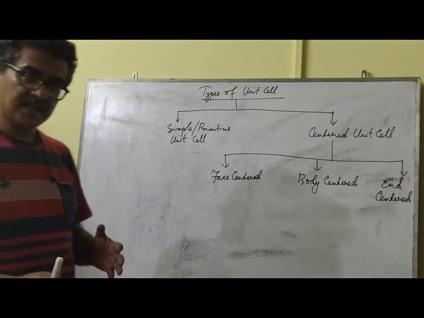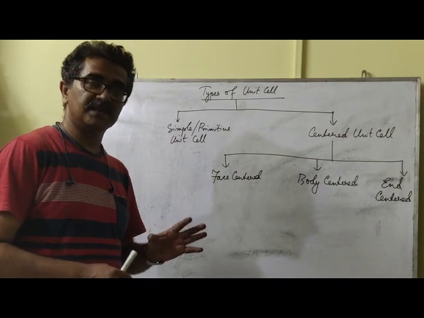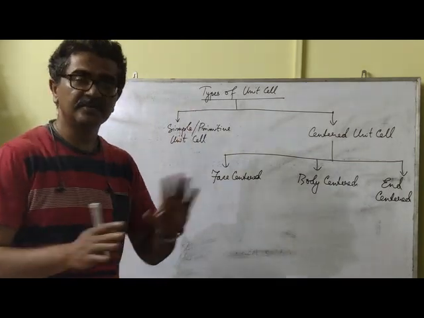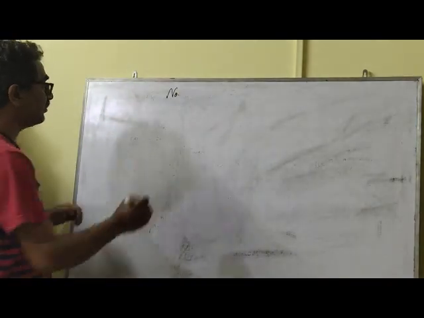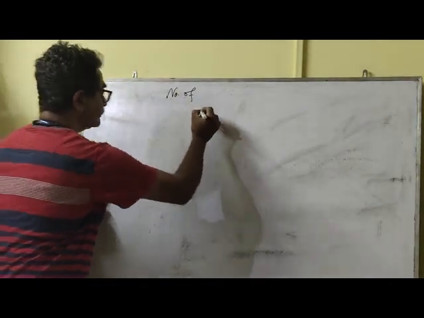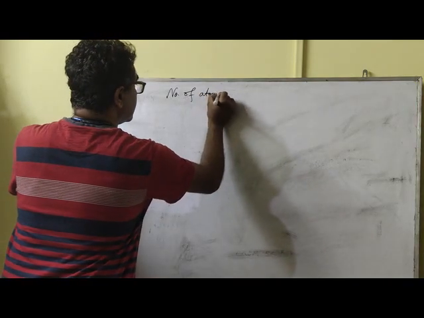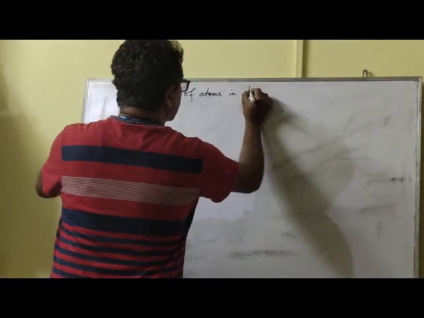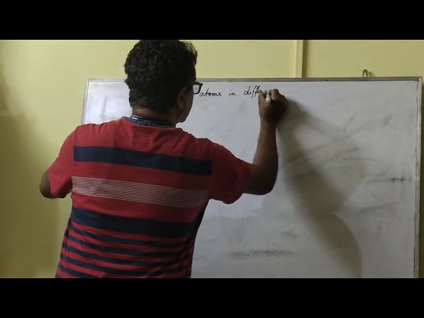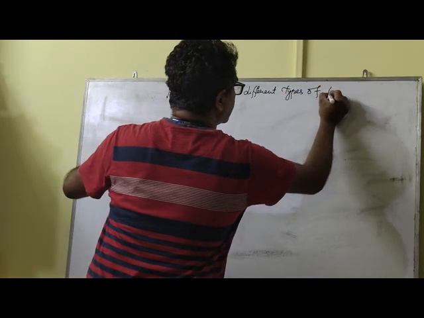Now we are going to study the number of atoms which are present in each of the different types of unit cells. So now we are going to discuss the number of atoms in different types of unit cell.